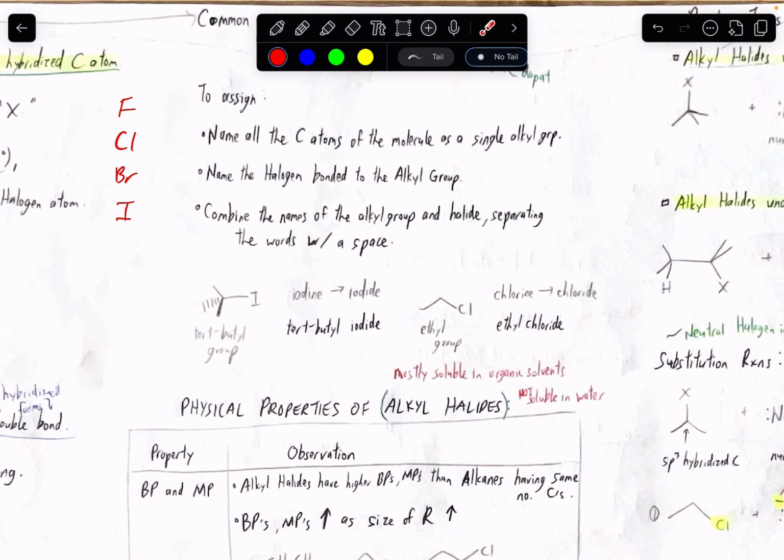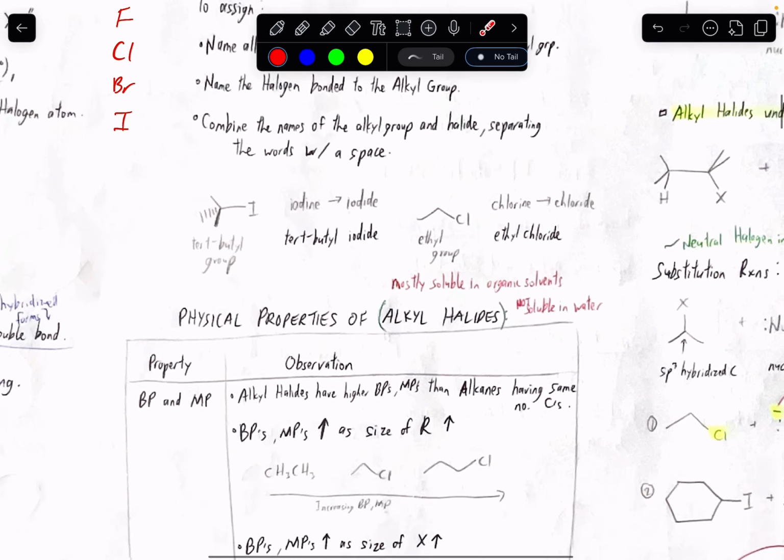So when we call the carbon chain a group, here it's an ethyl group, here it's a butyl group, the halogen is automatically pronounced with a D at the end, not an N. So chlorine becomes chloride, iodine becomes iodide.